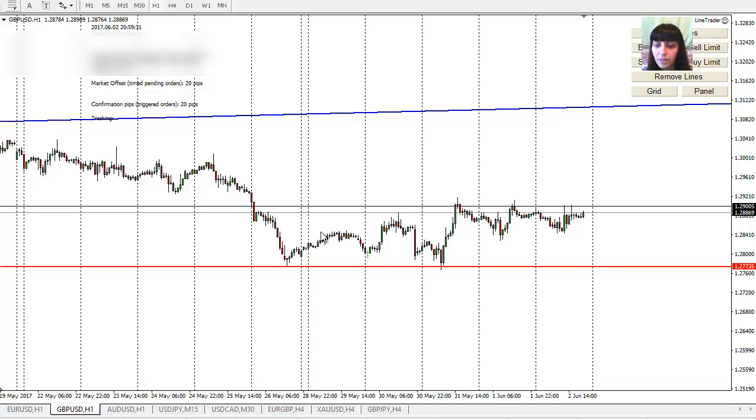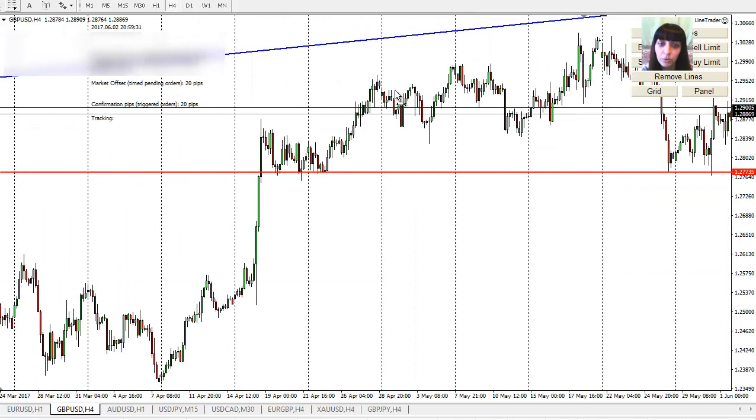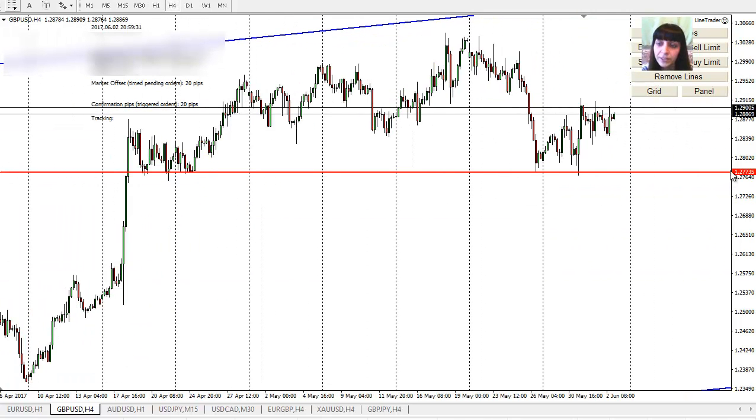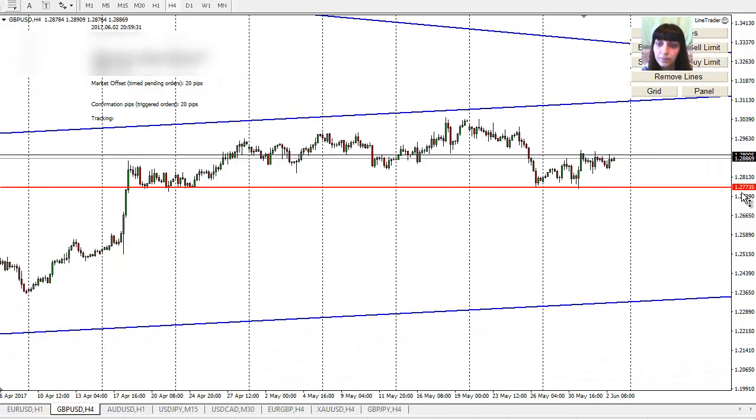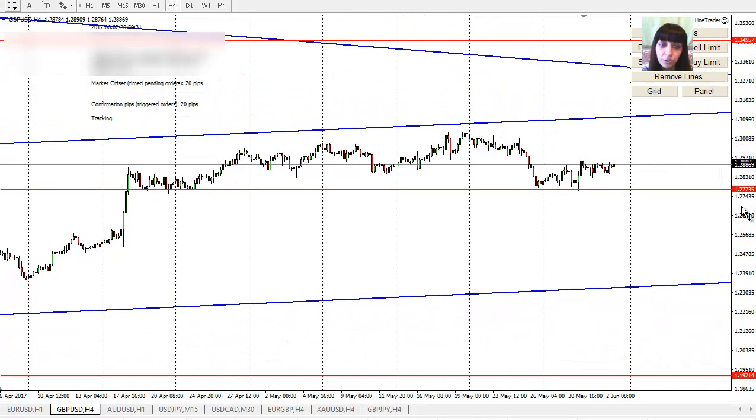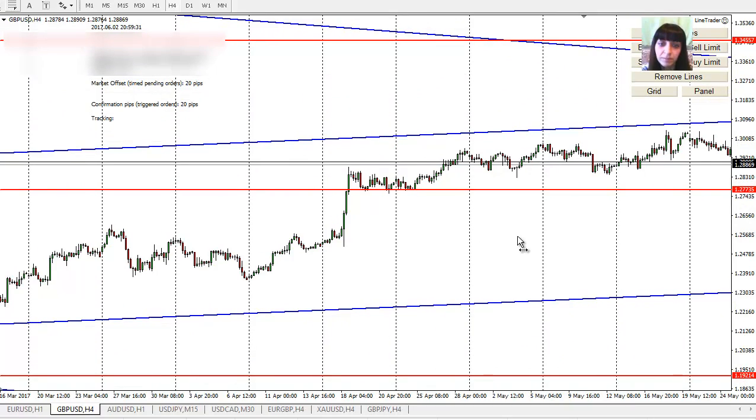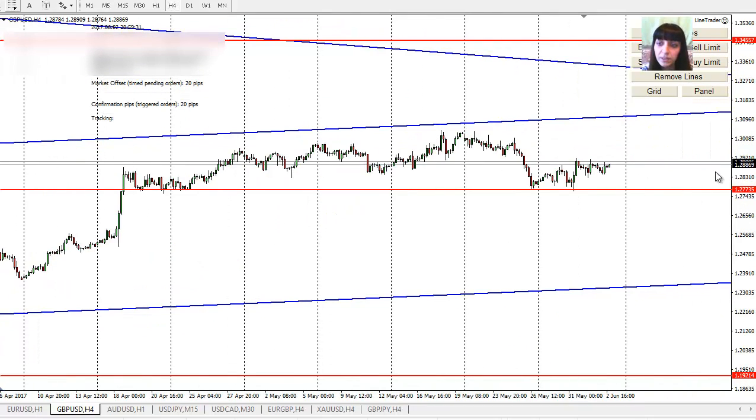Hopefully after that it will be a little bit better and a clearer picture again, just like it was with pound before. Brexit didn't really do what I was expecting and hoping for. So hopefully now it will be a little bit better and clearer with this election, whatever is going to happen.